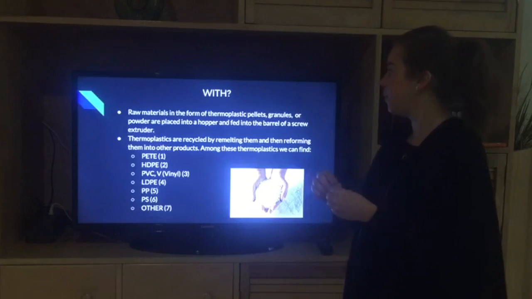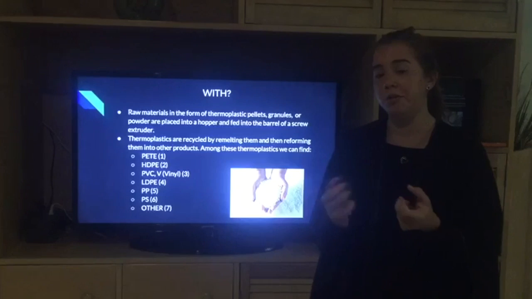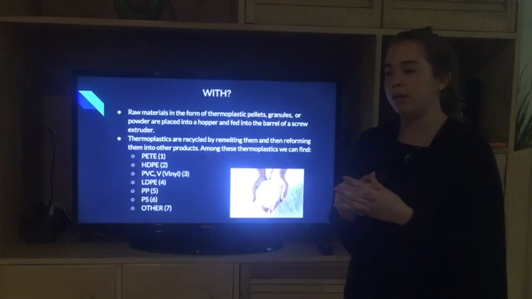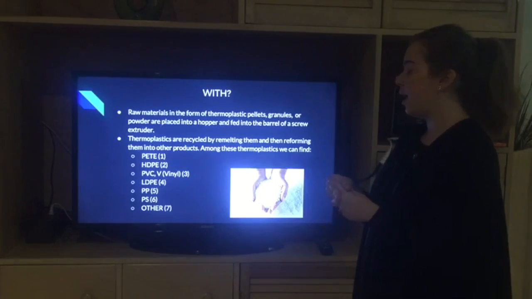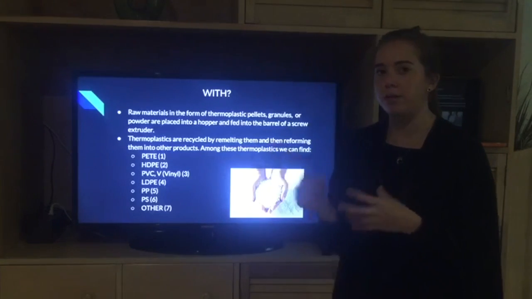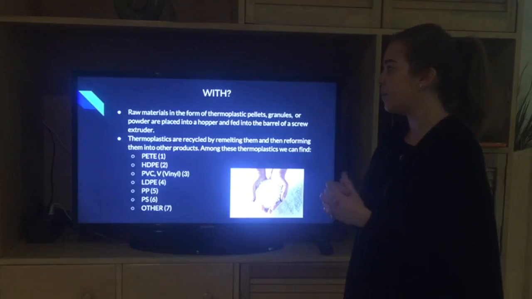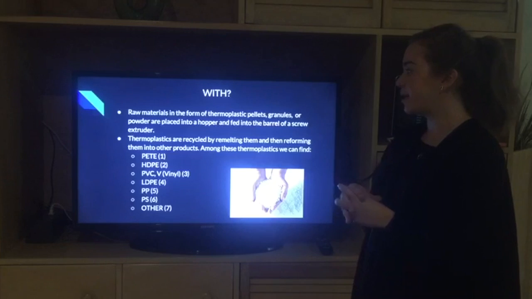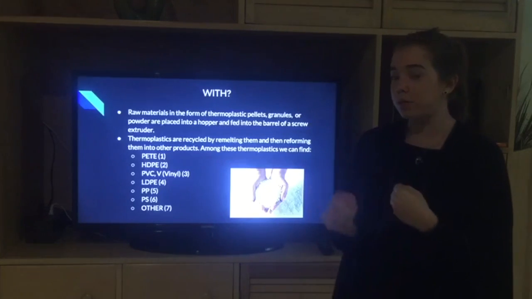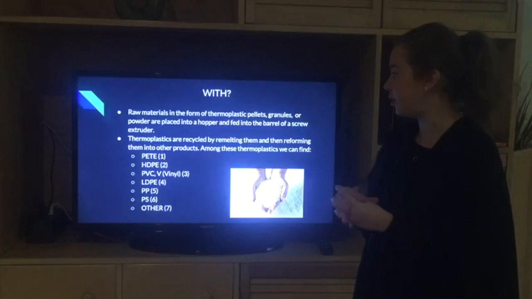They are very small, and they are fed into the barrel of the screw extruder in the injection molding machine, and then these pellets are melted, and that's how the molds are filled. The thermoplastics are recycled by remelting them and then reforming them into another product.